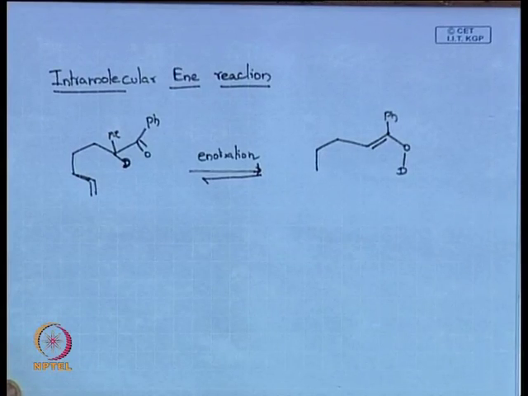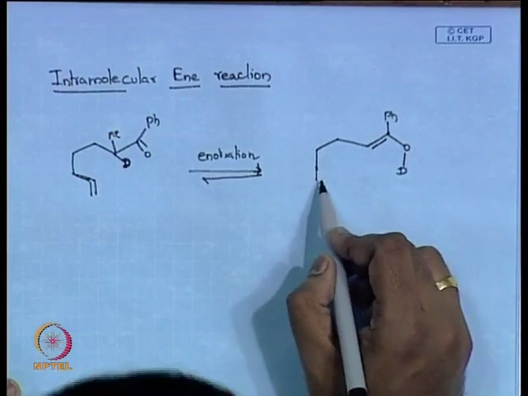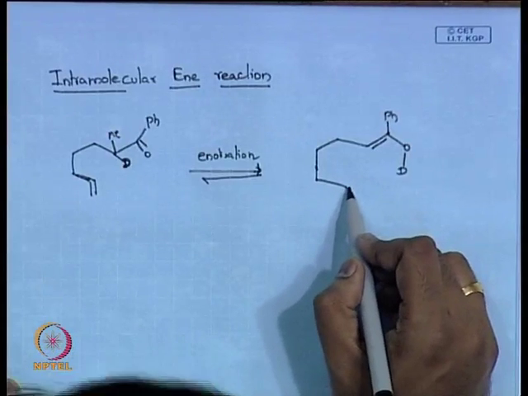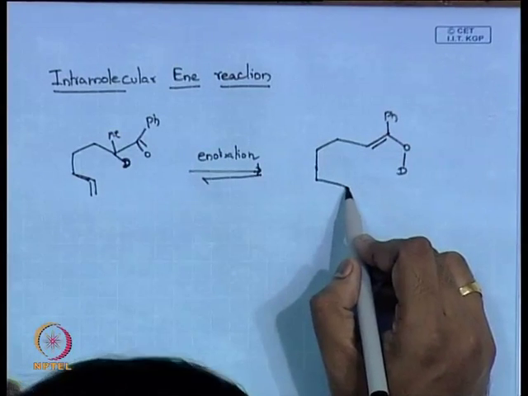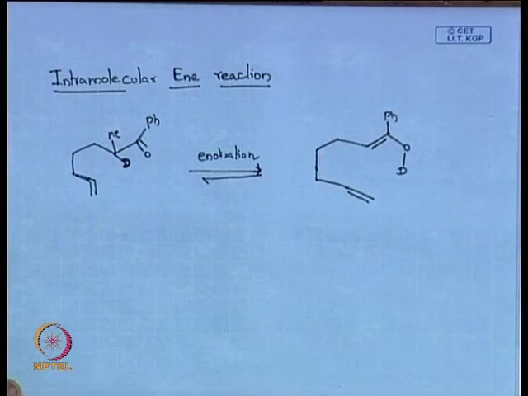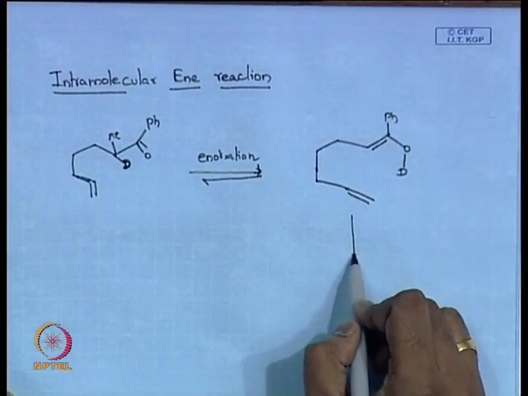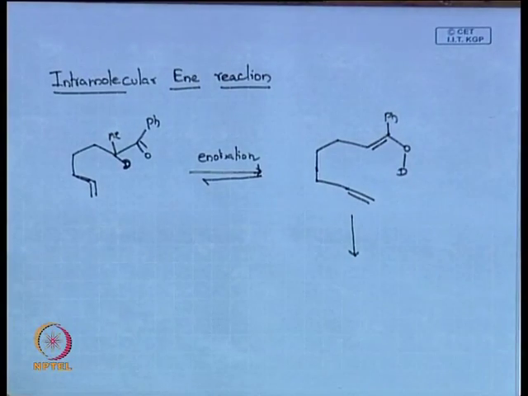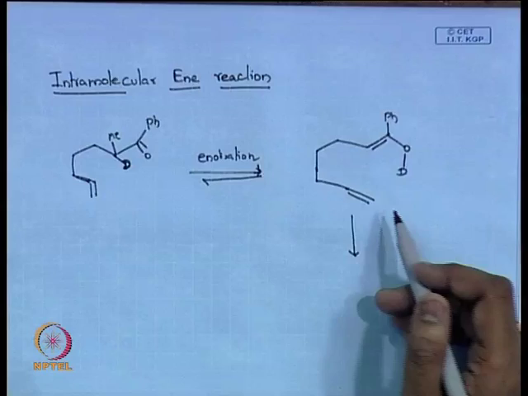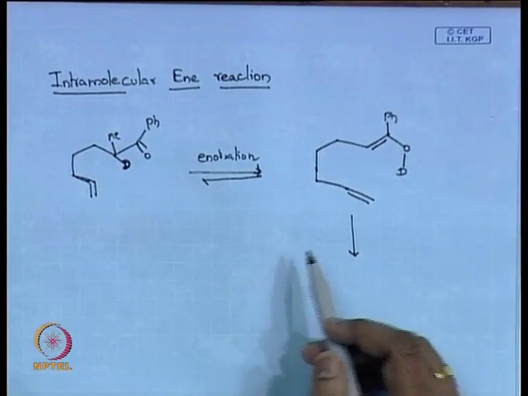So, your deuterium moves across, then you can think about a double bond here, right. So, now you can think about your ene reaction, because you now have both your diene as well as your ene. So, now you can nicely do your ene reaction.